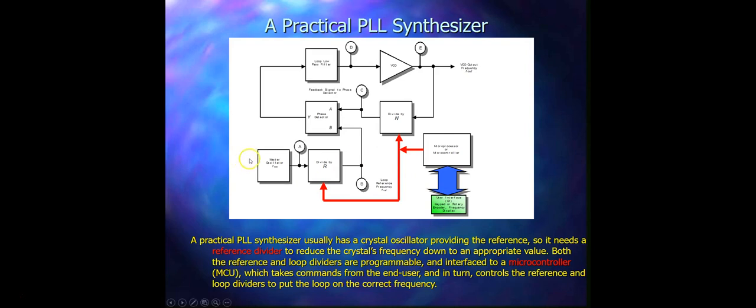This oscillator is usually in the 10 megahertz to 20 megahertz range. Here the frequency divider's job is to bring the master oscillator's frequency down to a proper value for the PLL reference input, and the reference divider is nothing more than another programmable divider. And here you see the microprocessor.